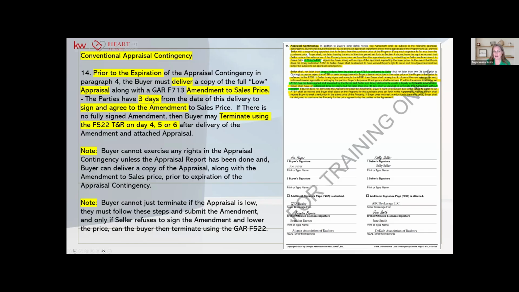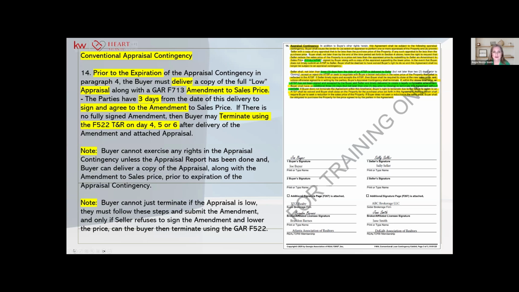Then it says here in the form on your right-hand side that the seller has 3 full days after delivery. So if you delivered it today, they have tomorrow, which is Tuesday, they have Wednesday, and they have Thursday. So that's 3 full days all the way through till midnight.